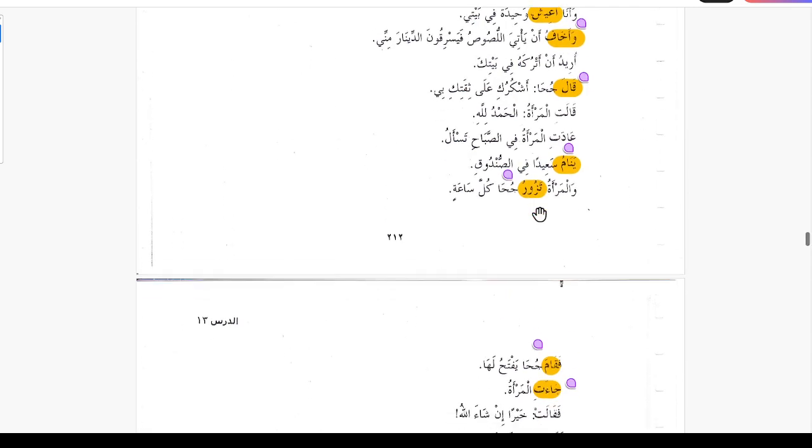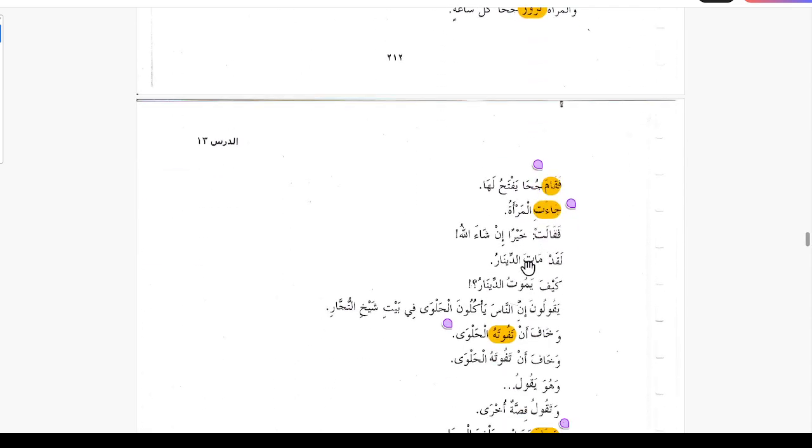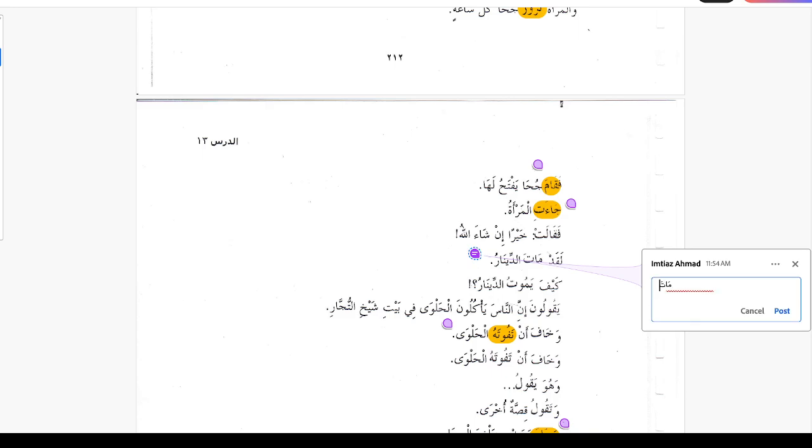I have not highlighted this, but the root letters actually are meem, waw and ta, to die. Mata yamutu.